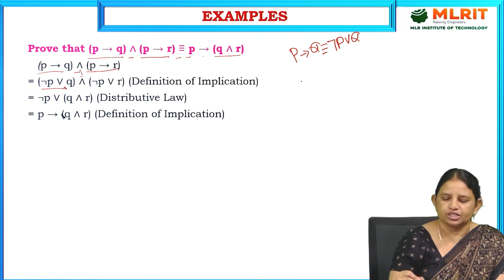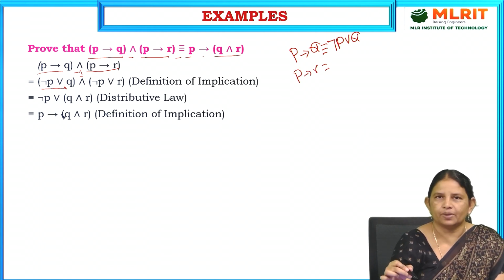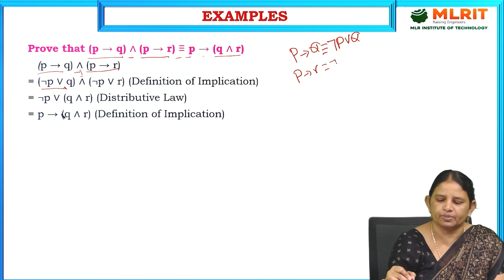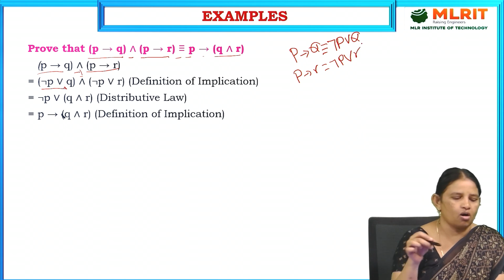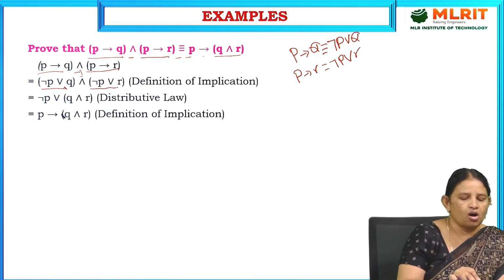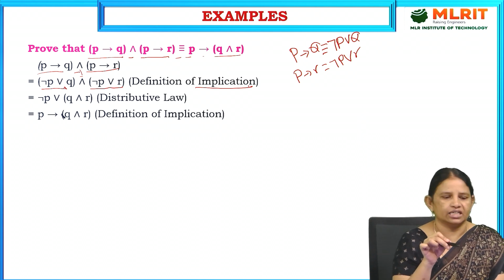Next, Q → R. What is present in the place of Q? Q only. So it becomes ¬Q ∨ R according to the implication law, or conditional law.